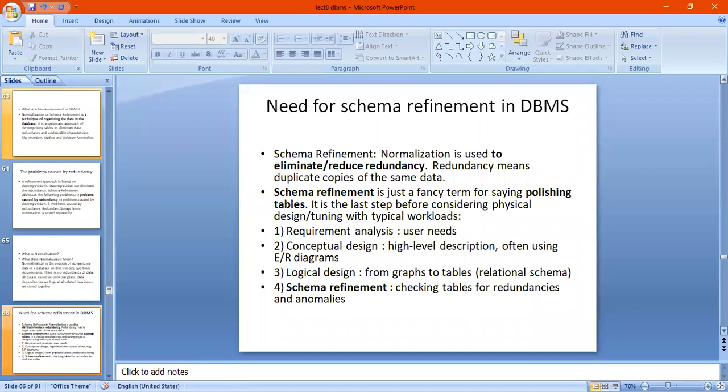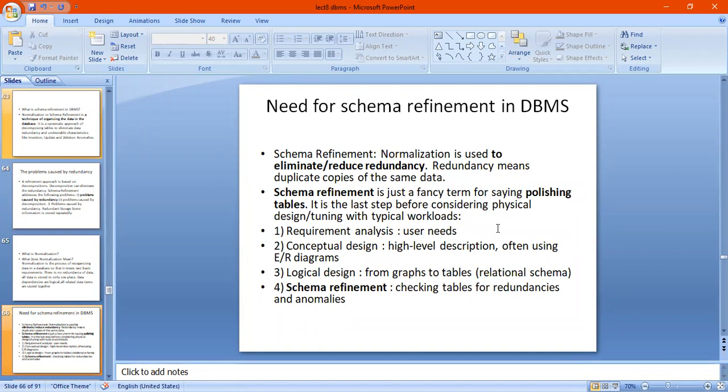Need for schema refinement in DBMS: normalization is used to reduce redundancy. Redundancy means duplicate copies of the same data.